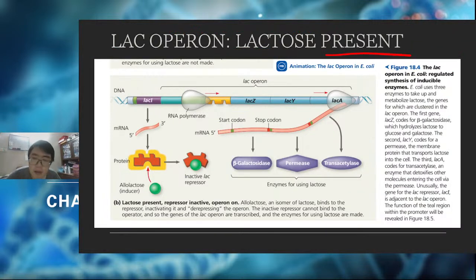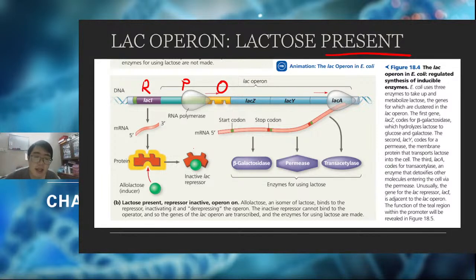Kalau dia ada, if the E. coli cell contains lactose, so macam mana? So if you see, actually it is the same: the regulator, this is regulator, ini promoter, ini operator, and then this is the structural gene. You will see that the regulator also will produce and synthesize repressor protein.